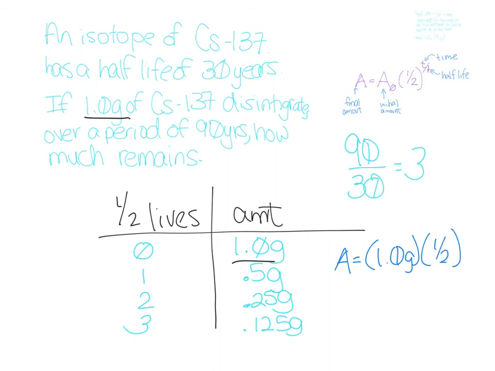The T is the time. How much time has passed? 90 years divided by 30 years. And when you plug it into your calculator, let me know what you get. 0.125. And then times 1.0 is 0.125 grams.